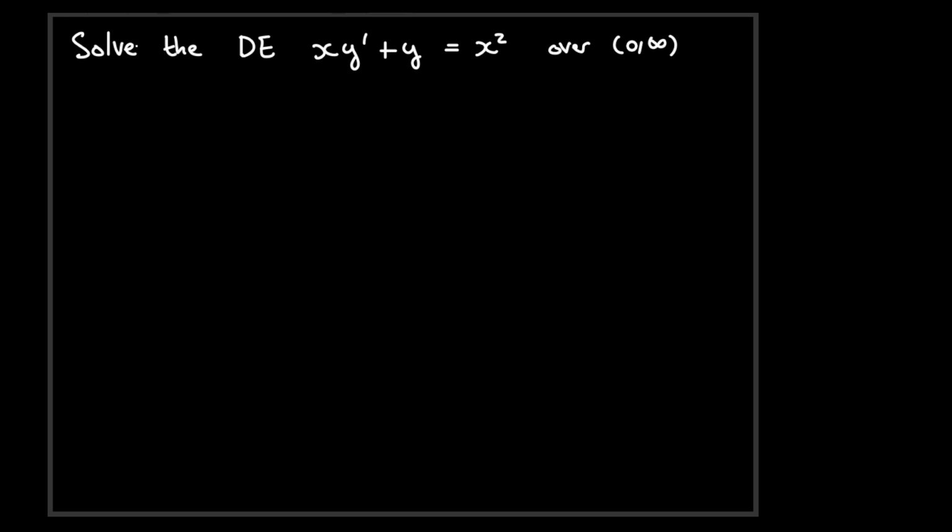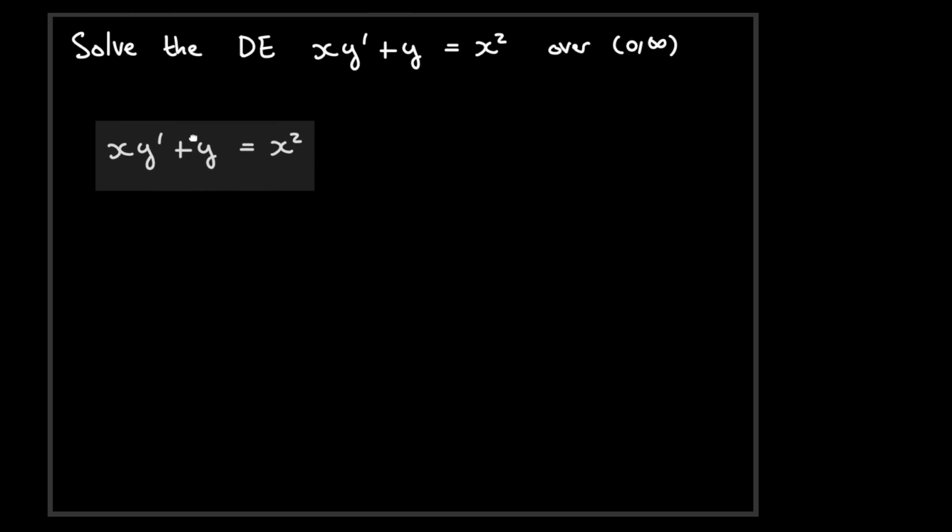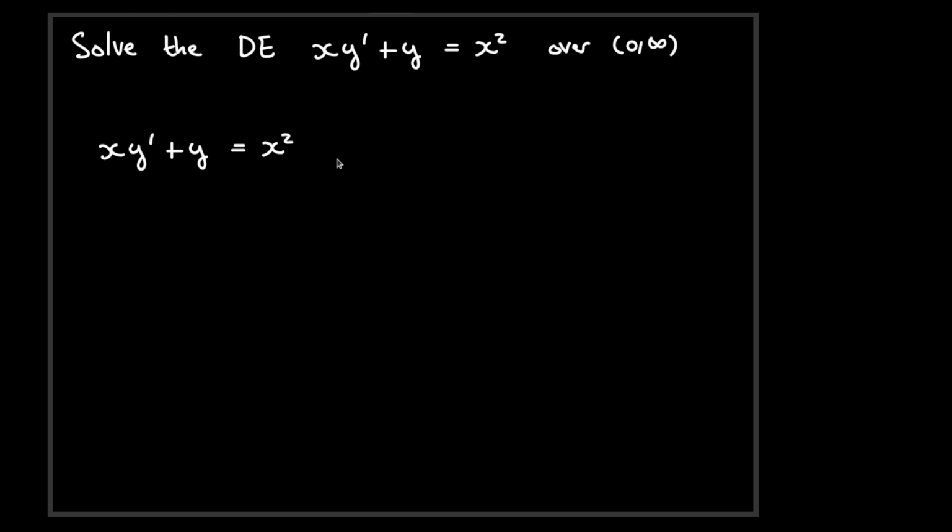Okay, so if we take this equation here, we first need to put it into standard form. So let's take this equation and turn it into one which is in standard form. The way we do this is we need to divide by x, right? We need to take the leading coefficient of the y prime.